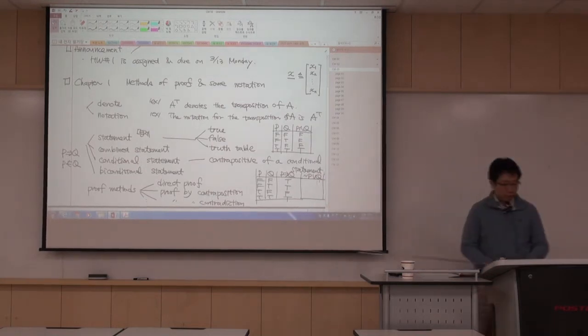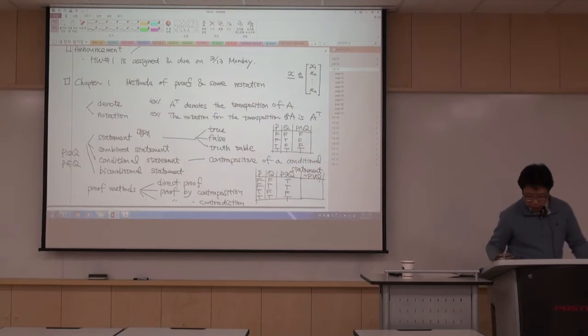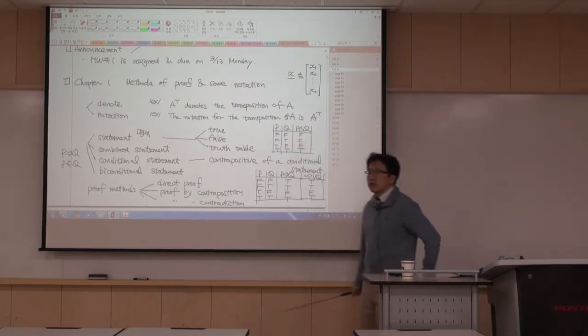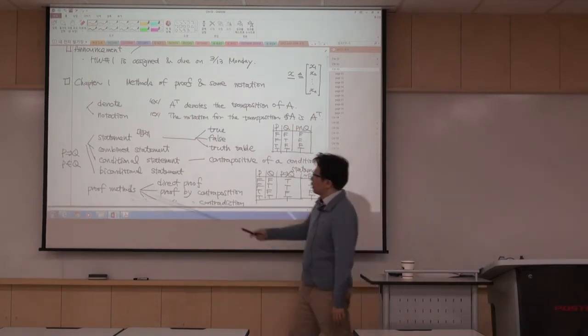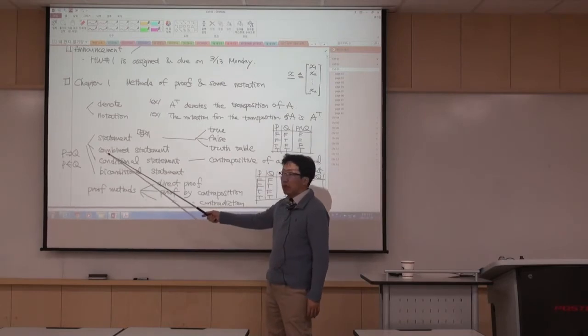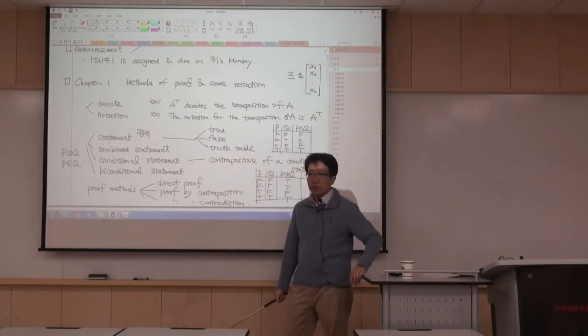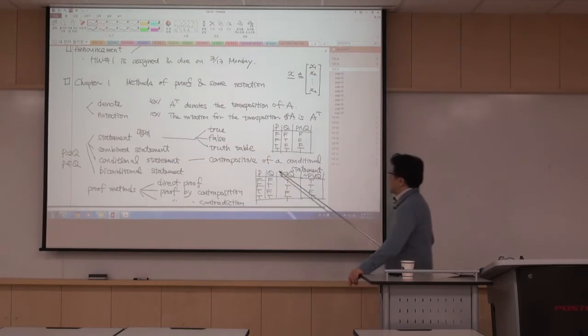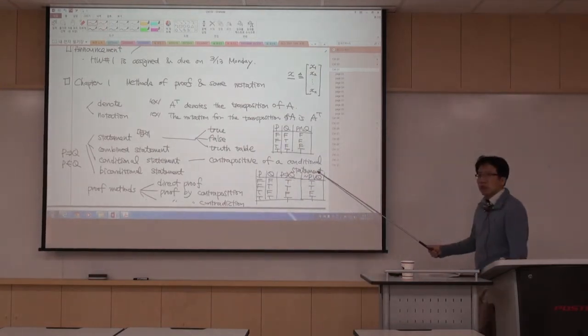Okay. And if you plug in false and true, you will see that you have the same thing. So these two truth tables link a combined statement and a conditional statement. In that sense, these two statements are equivalent. Okay, got it?